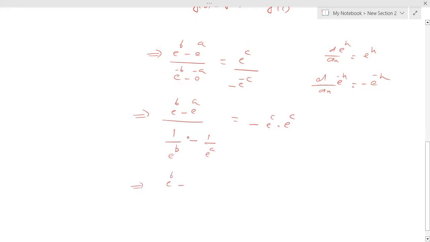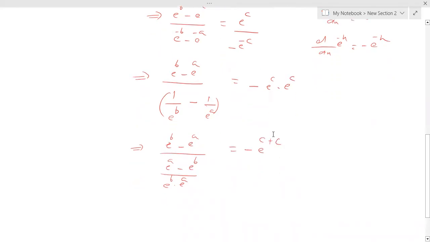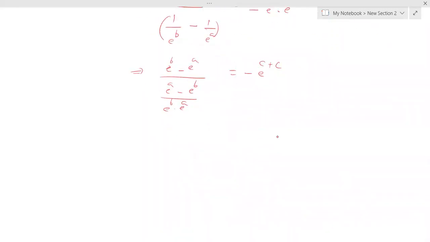e power b minus e power a by, take an LCM in the denominator factors. We get e power a into e power b by e power b into e power a, which is equal to e power c into e power c.